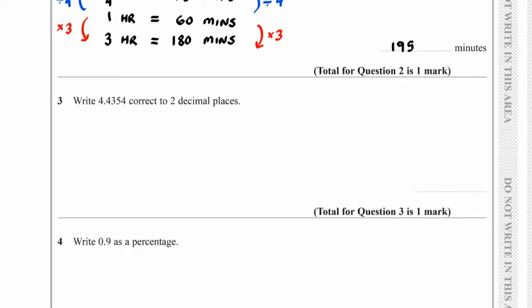Question number 3, we have to write 4.4354 correct to 2 decimal places. Well, if I draw a number line, when we write our number correct to 2 decimal places, our lower bound will be 4.43 and our upper bound will be 4.44. Our halfway point is 4.435.